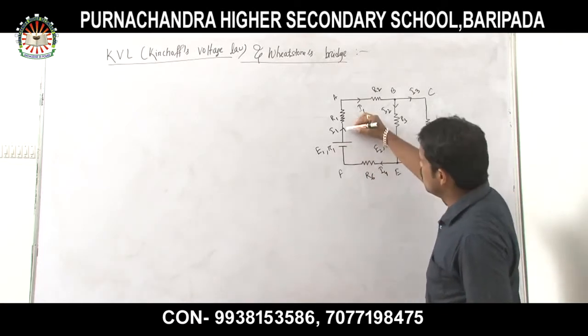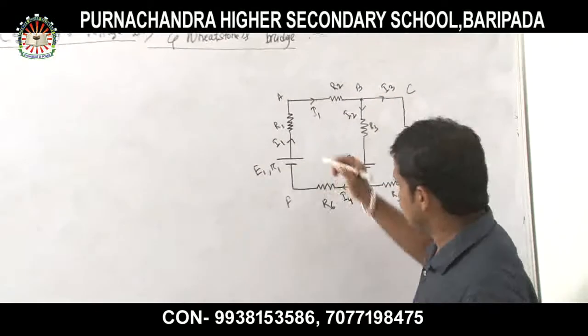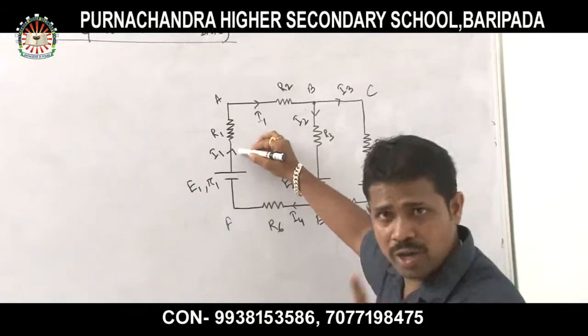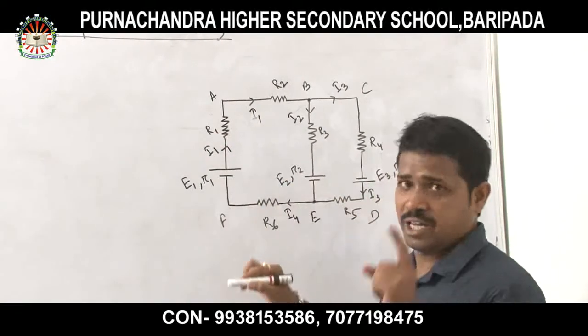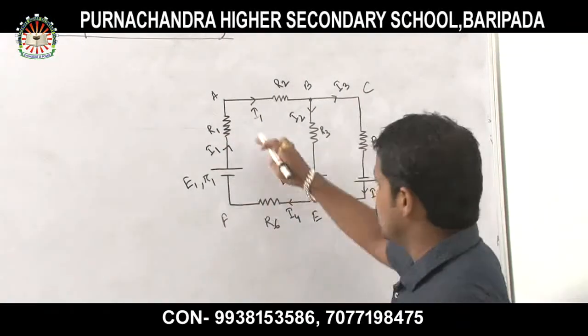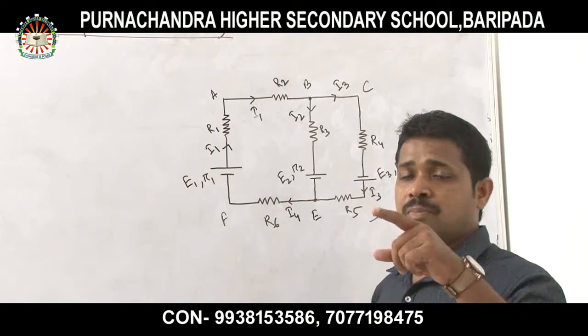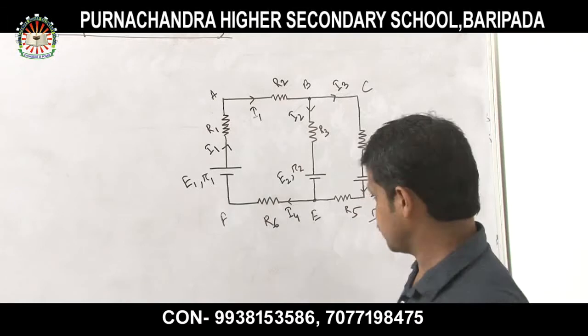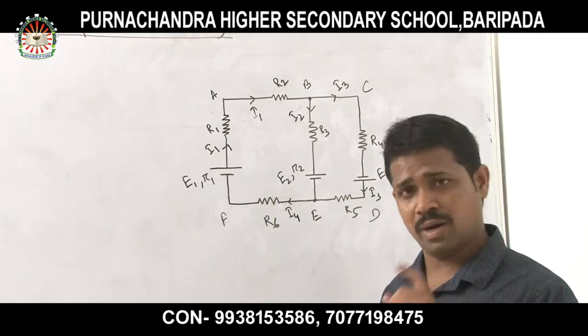First rule: when we are moving in a loop, if the current flows in a clockwise manner, we take the current as positive. Second, if the current flows in the loop in an anti-clockwise manner, we take the current as negative.